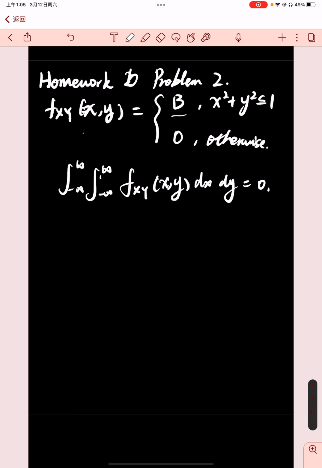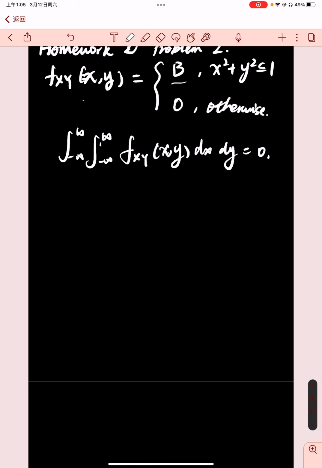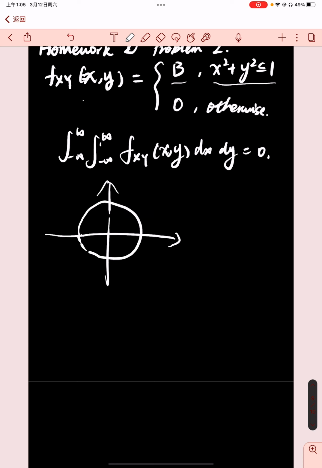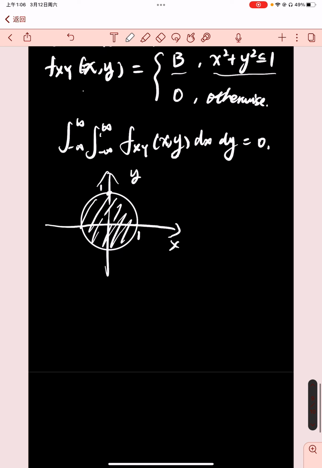Is equal to 0. So, if we see the definition range, we can see it has a 0 in the plot. With x and y, and here is the area, and with the radius, the largest radius is equal to 1.